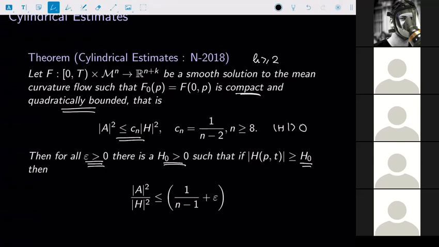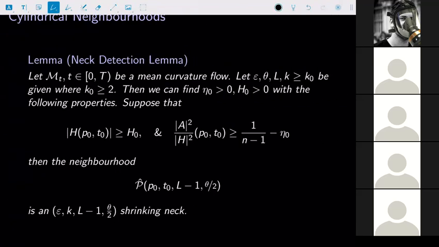You want to show that a region is cylinder-like, and this is the neck detection lemma. So here, what this says is that if you have a mean curvature flow, and here are some parameters that I can explain later, these epsilon, theta, L, and K are telling you how cylindrical you are.